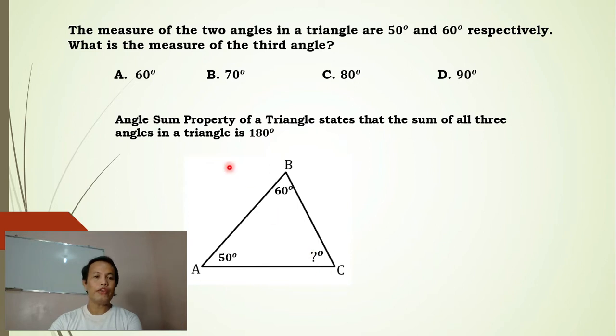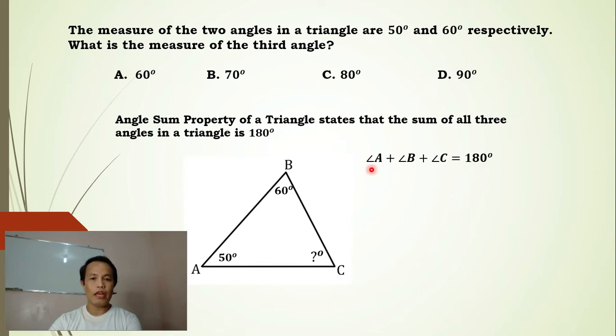If we apply the angle sum property of a triangle, we need to add all the angles, angle A, angle B, angle C. So we add the measure of angle A plus the measure of angle B plus the measure of angle C. This would always equal 180 degrees.